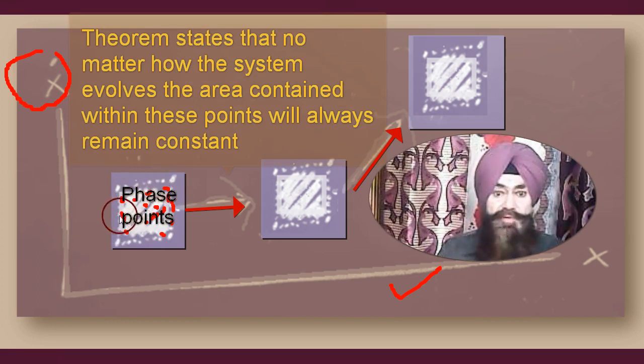So this is a phase space, because phase space is a combination of velocity and position space, or you can say momenta and position space.